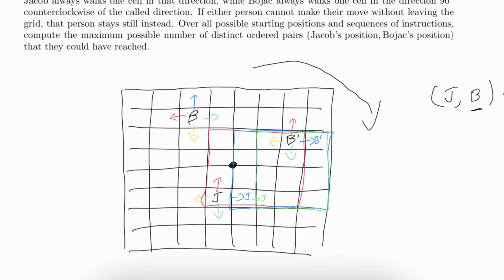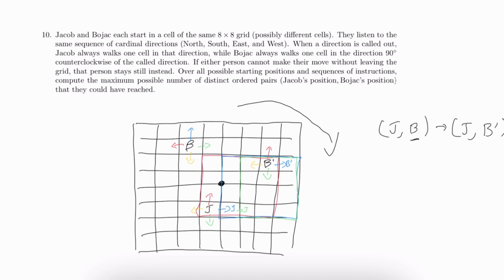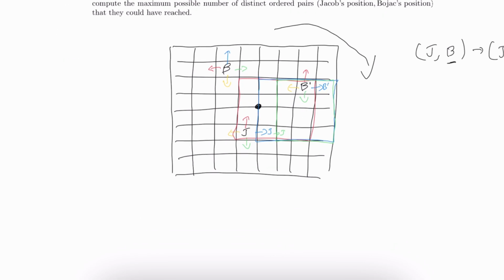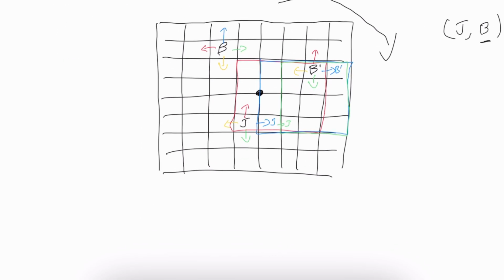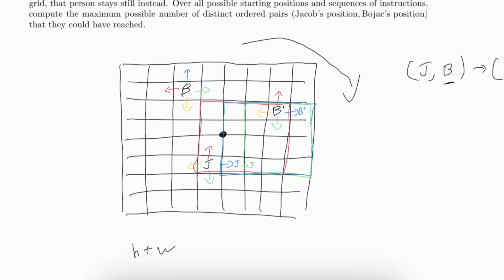And so now we can just analyze the height and width of a given box. And we can see that this quantity, the height plus the width, is non-increasing.